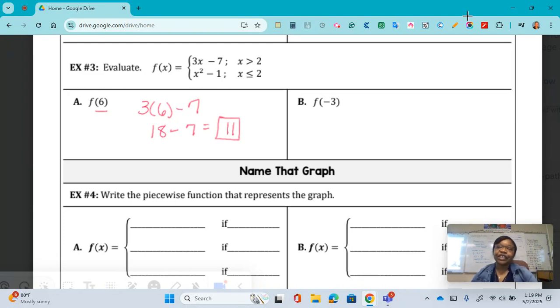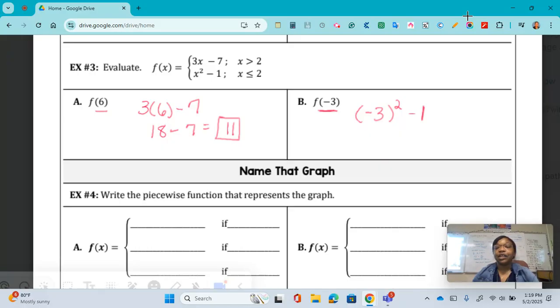So if our x was negative 3, will we use the first equation or the second? The second. And everywhere we see an x, we're going to plug in a negative 3. So we have negative 3 squared minus 1. Order of operations, parentheses first. Nothing to solve.